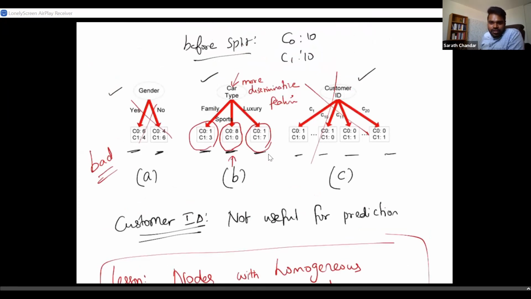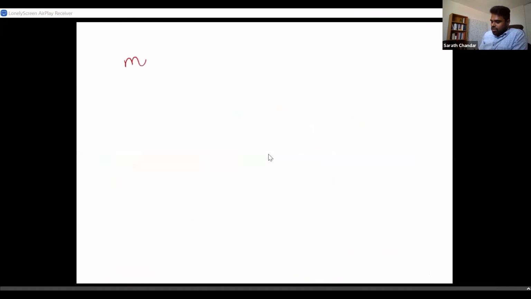Like the sports section, because it's all class 0. On the other hand, this is bad. The gender thing is bad because it's not at all homogeneous. It's like an equal mix of two things. Okay. So what we really need to automate this process is a measure of node impurity.